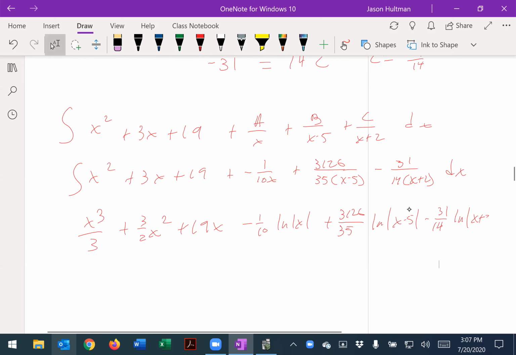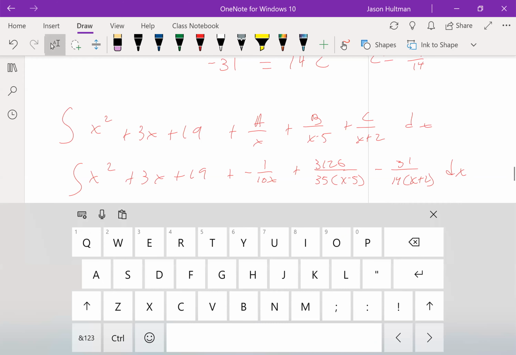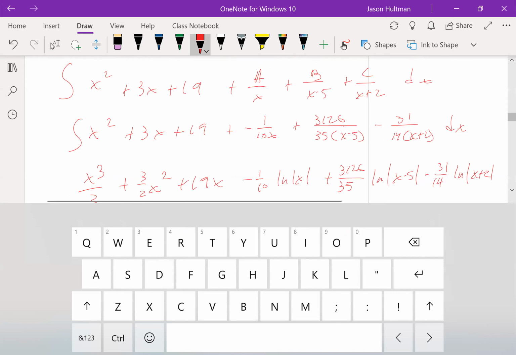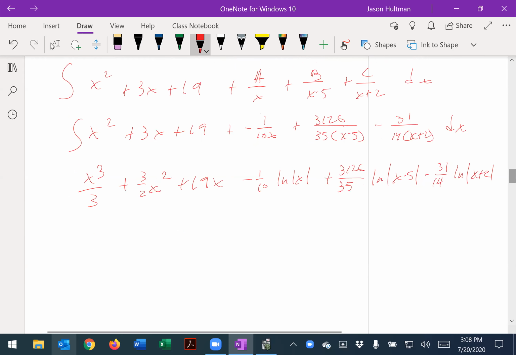I'm skipping the u substitutions on this simply because when I take the derivative of x minus 5, that's the same as the derivative of x. The minus 5 is just a constant. It doesn't really play into the whole thing. Yes, thank you, Ravi. Plus c.